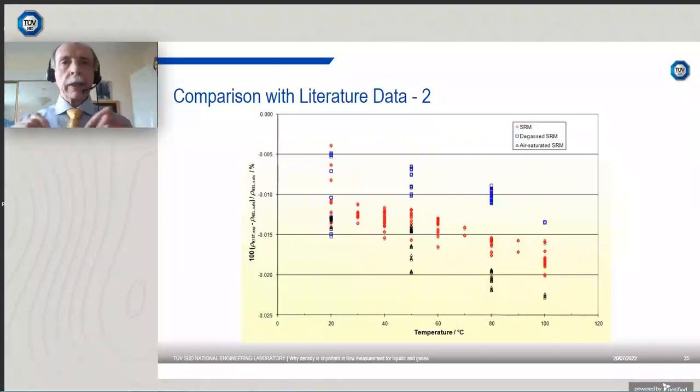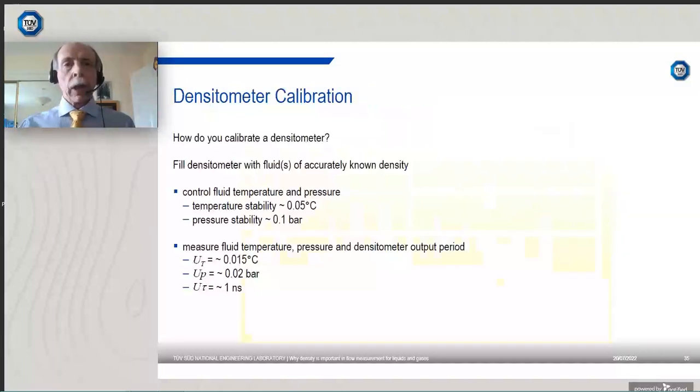And you can see here that there is a split between the air-saturated, the standard, and the degassed. And our samples were actually closer to the degassed, and the errors then are down below 0.01%, down towards 0.008%, in fact, when we're comparing like with like. So that gave us a lot of confidence in the reference fluids.